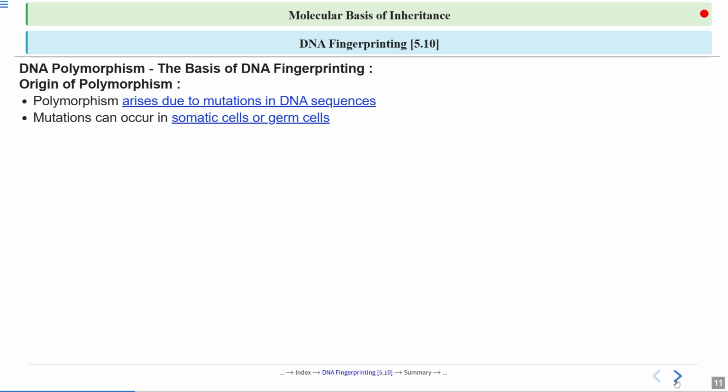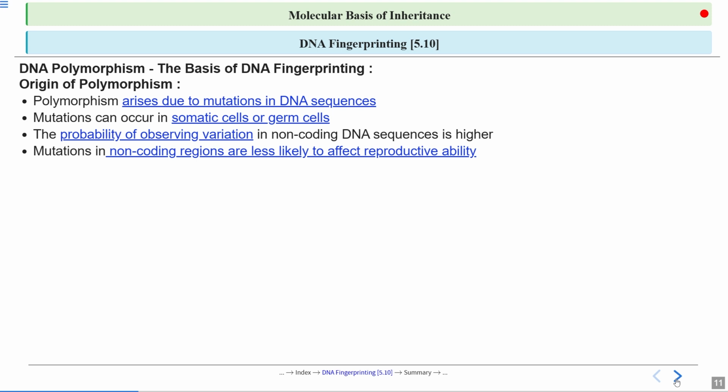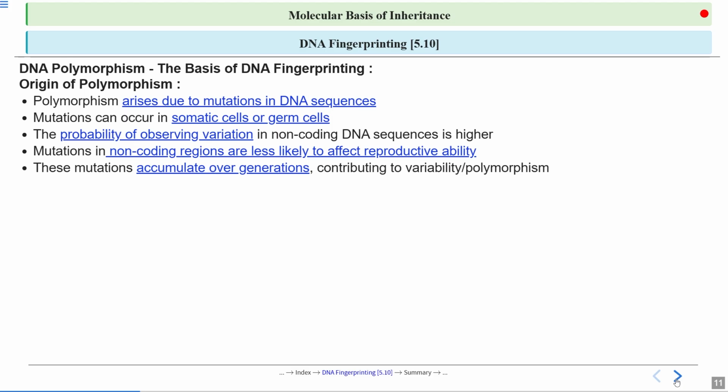Mutations can occur even in somatic cells or germ cells. The probability of observing variation in non-coding DNA sequence is always higher. Mutations in non-coding regions are less likely to affect reproductive ability. These mutations accumulate over generations, contributing to variability and polymorphism.